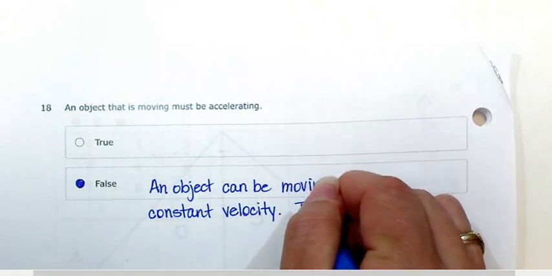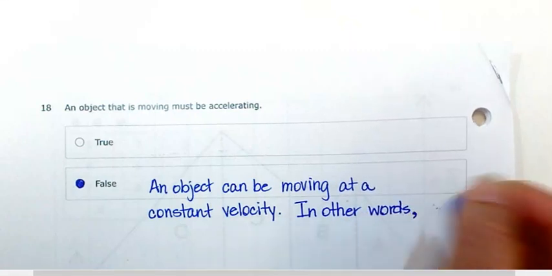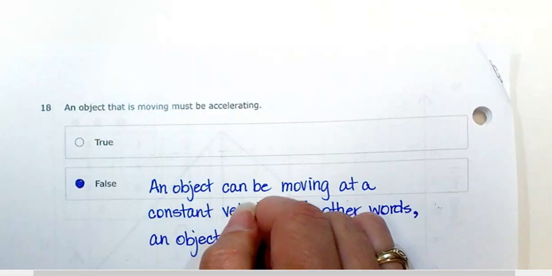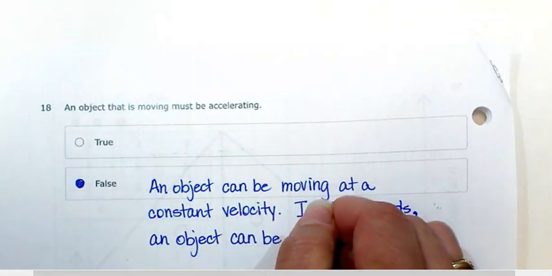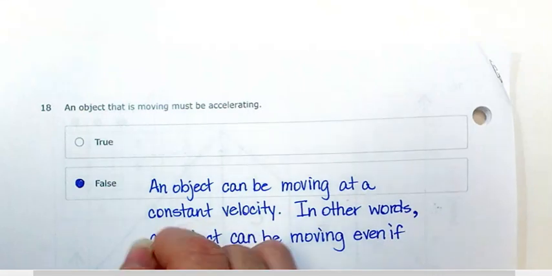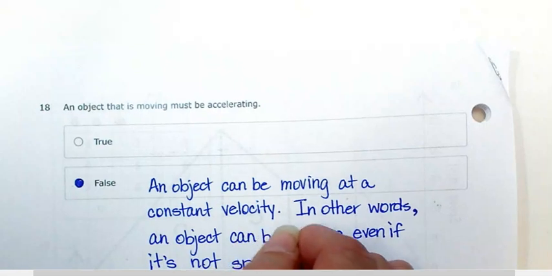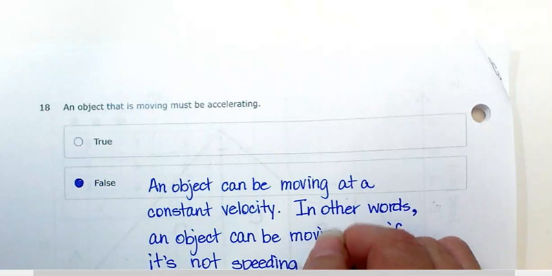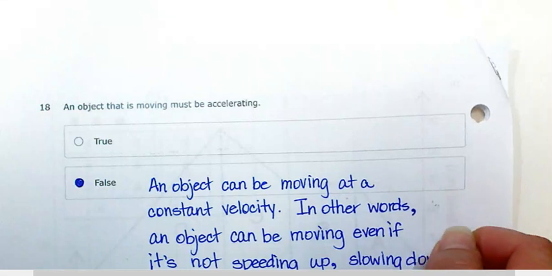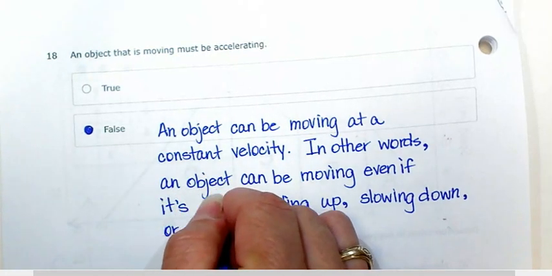In other words, or said a different way, an object can be moving even if it's not speeding up, slowing down, or changing its direction.